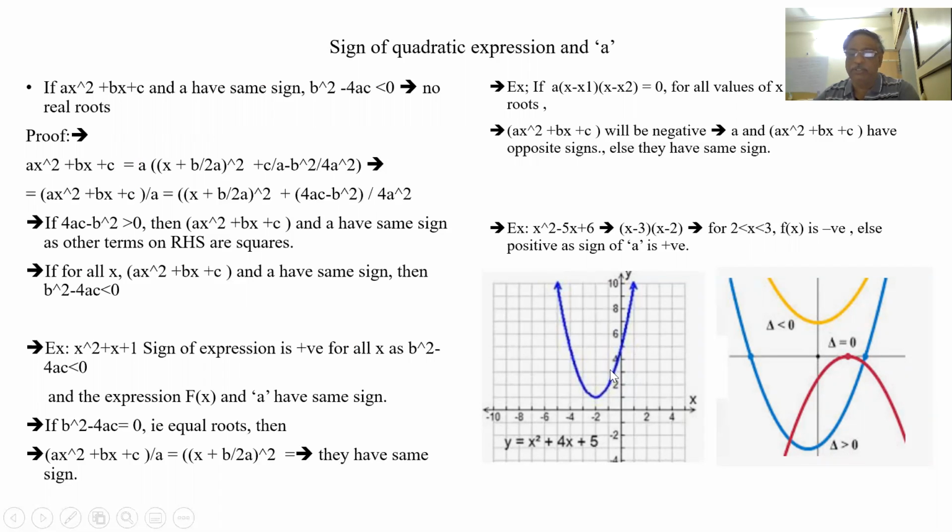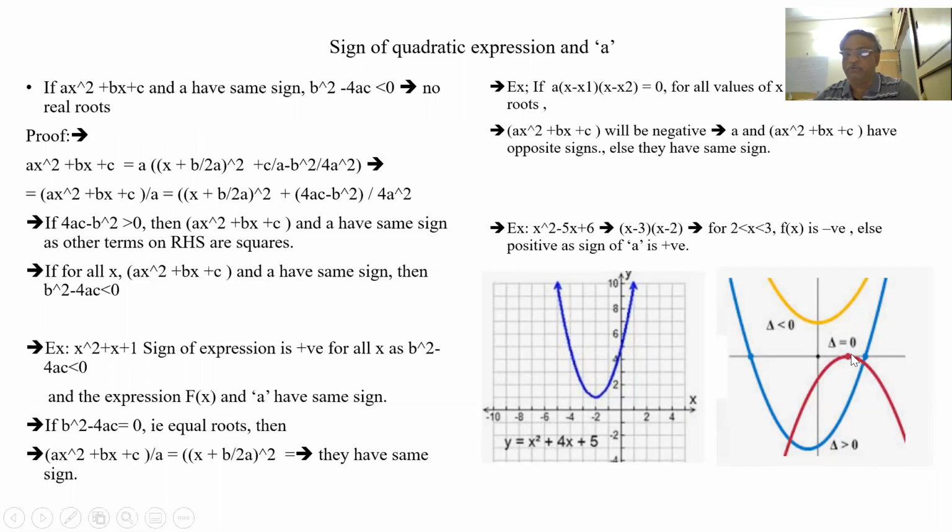That means the expression value everywhere, up to infinity, is positive. If b square minus 4ac is less than 0, both have the same sign. In the reverse one, a is negative, so the expression value is also negative.